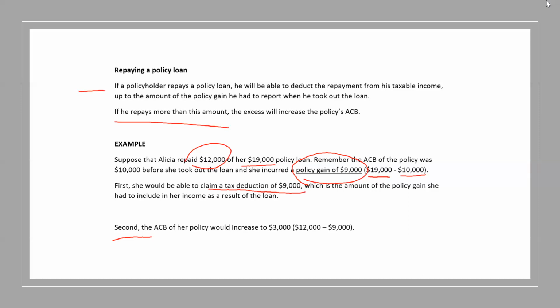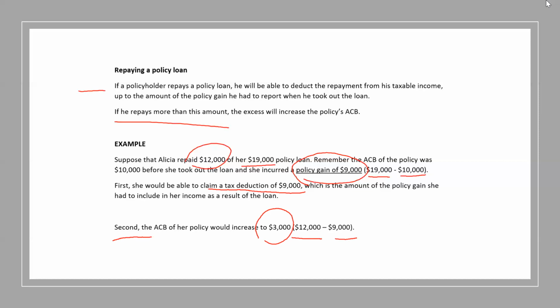Now, because she's repaying some of the loan, so $12,000 is her repayment, minus the policy gain that she reported previously. So now the ACB is back up to $3,000.